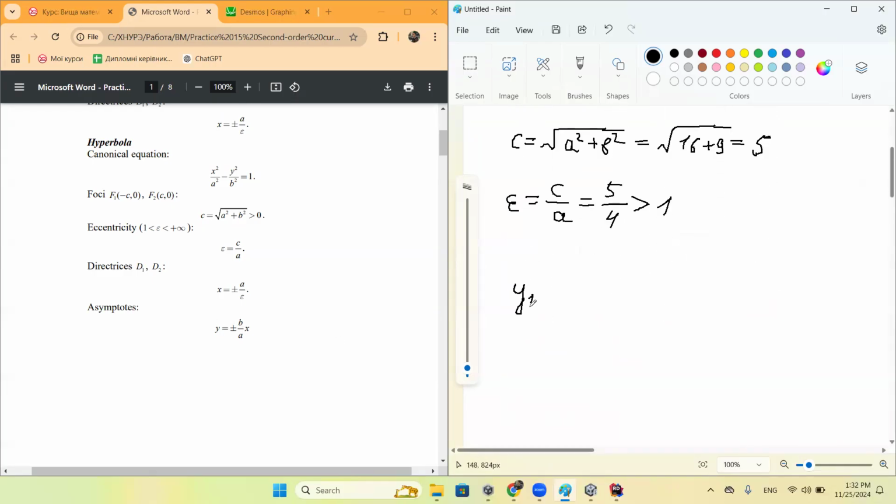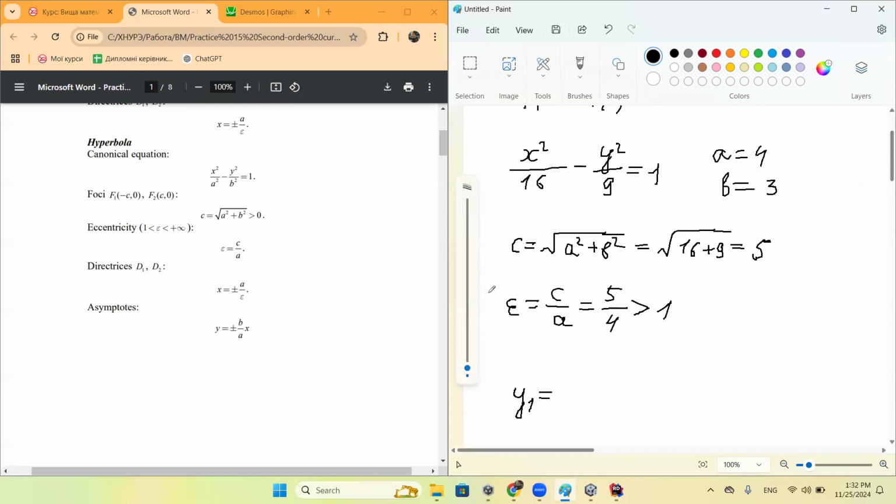So the first asymptote equals b by a, so 3 by 4 x, and the second asymptote minus 3 by 4 x. Any questions about this task?